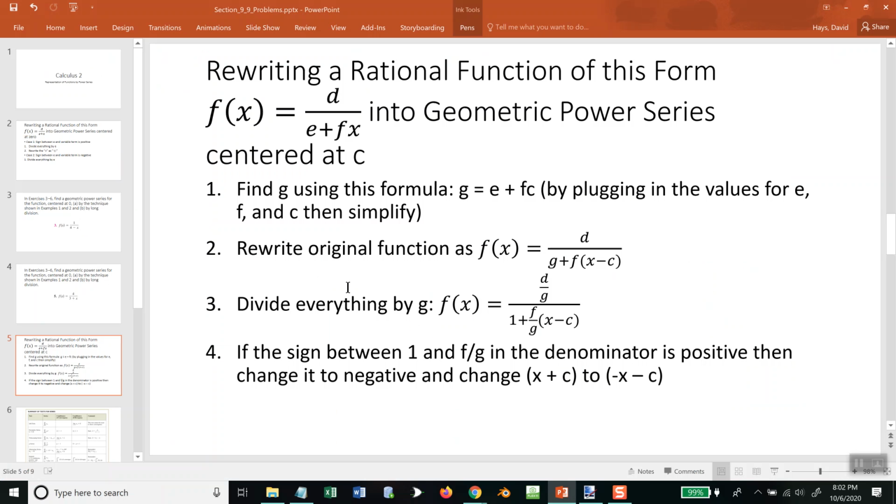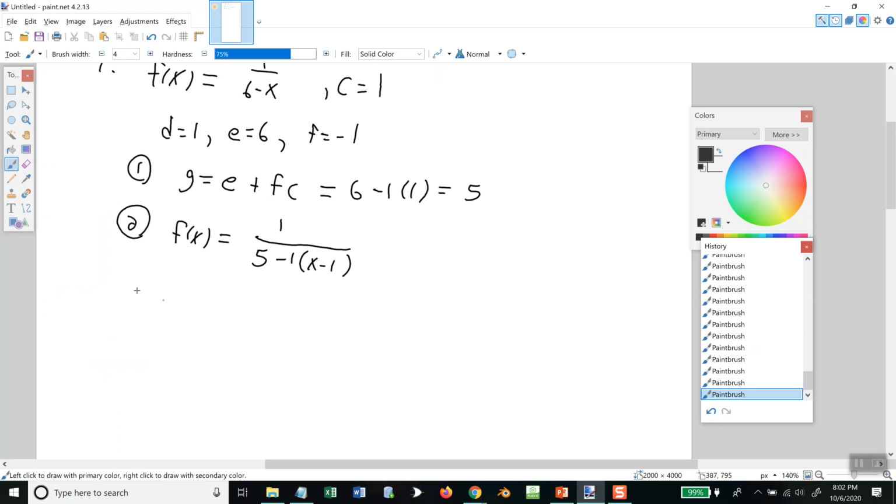This is step 3 now. It says divide everything by g. Well, g was 5. So I'm going to have 1/5 over 5 divided by 5 minus, you can drop the 1 if you want, x minus 1 over 5.